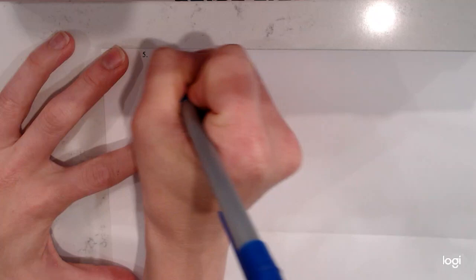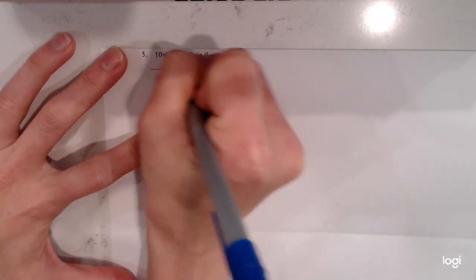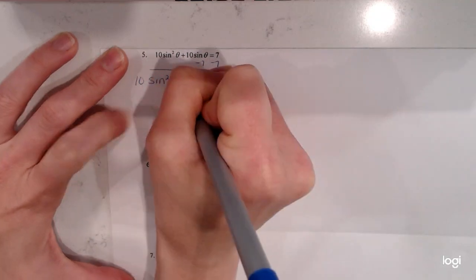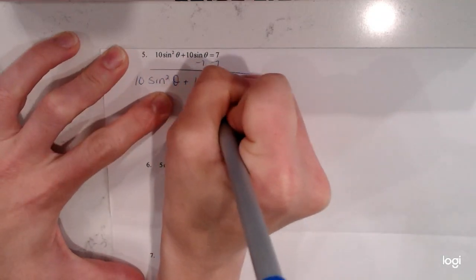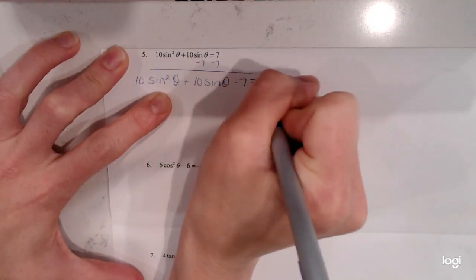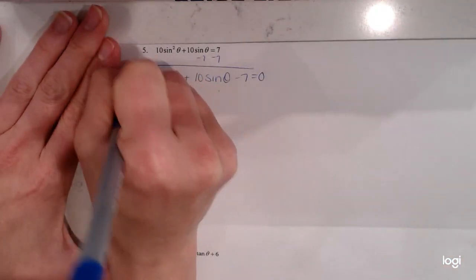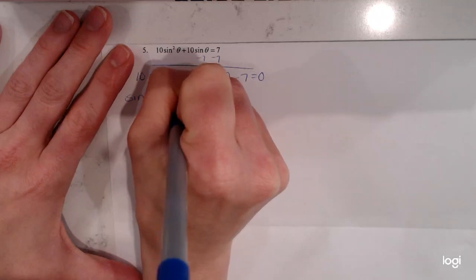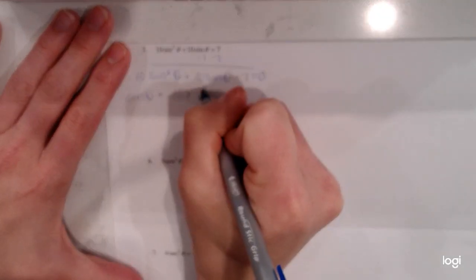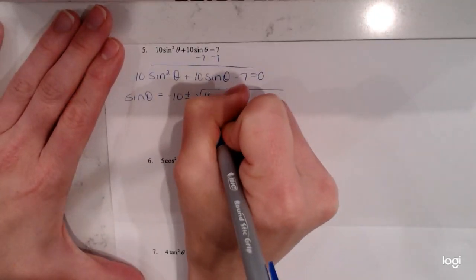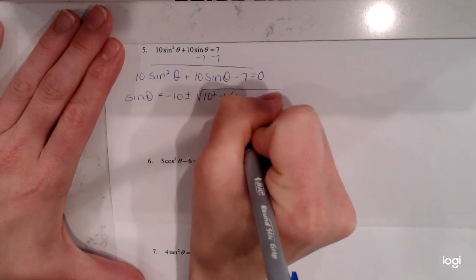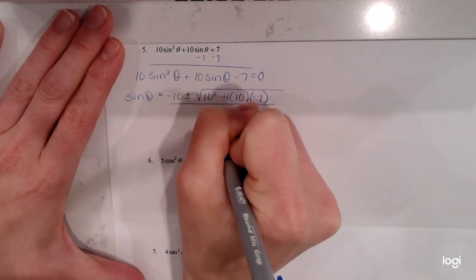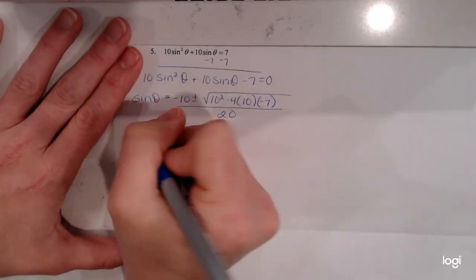So we're going to minus the 7 from both sides. That leaves us with 10 sine squared theta plus 10 sine theta minus 7 equals 0. So sine theta equals negative b plus or minus the square root of b squared minus 4AC all over 2a.